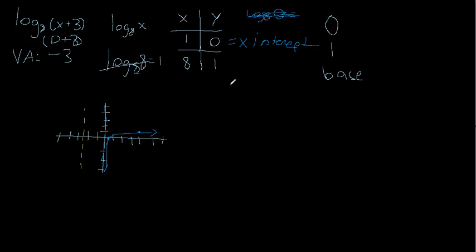Instead of 1 and 0, we're just moving the function back. Wherever your 1 is, you're going to want to subtract 3, in which case we get 2. So we're going to make a point at 2. After we make our point at 2, we also have to subtract our 8 by 3, which gives us 5.